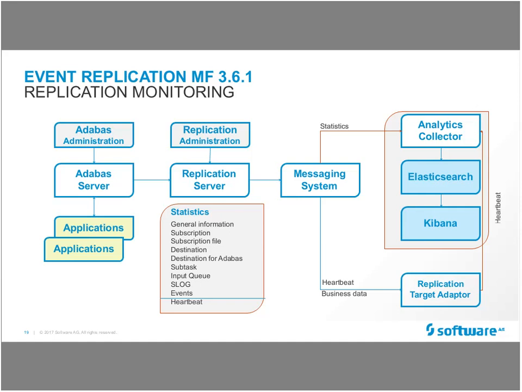That's separate units of information, and they are also sent through this channel to the target adapter. The target adapter then itself finds out, oh, there is, beside business data, so-called heartbeat information, processes it in a way, converts it, and sends it to the analytics collector, because the analytics collector is the one who is really responsible for dealing with statistical data.